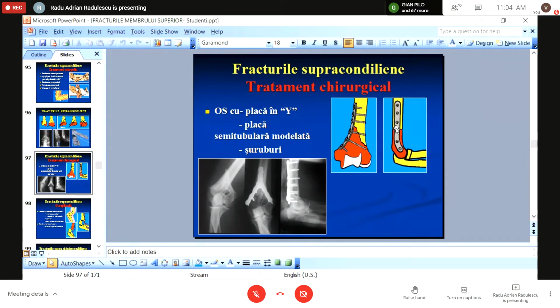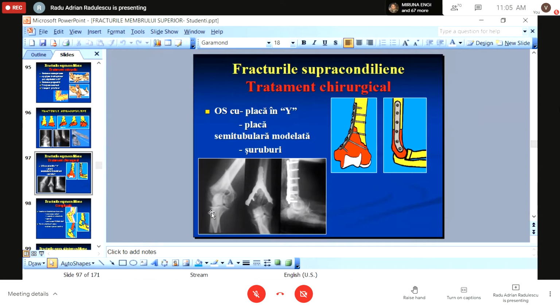The principle of this fixation is to obtain a solid fixation which will allow the starting of physical rehabilitation the next day after surgery. The sooner we start the physical rehabilitation, the better will be the results in terms of recovery of the range of motion and the muscle strength.